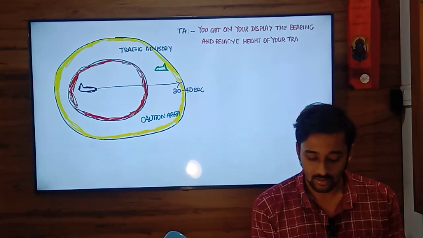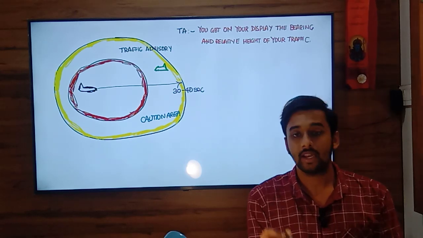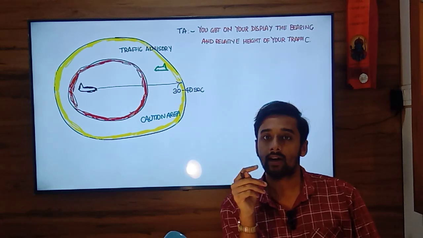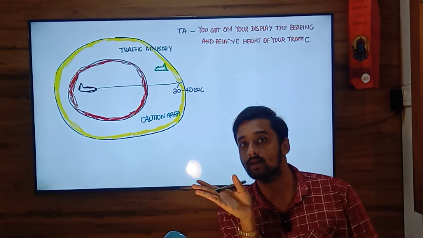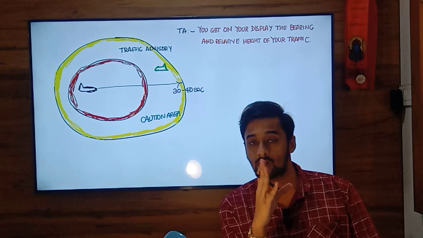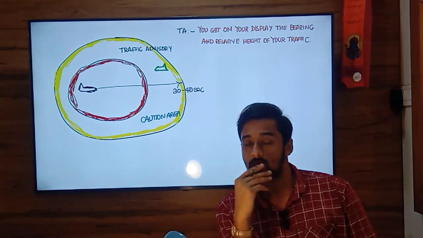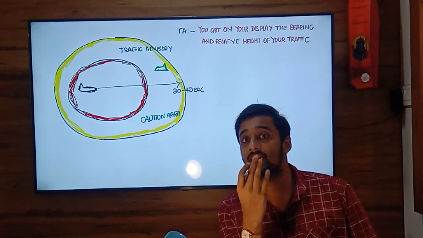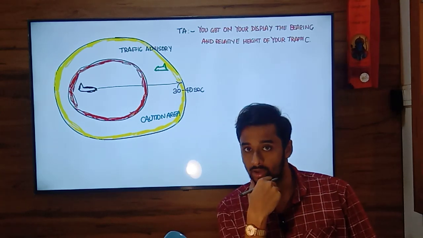That means in your display, in your computer screen, you will see that the other traffic is at 20 degrees to your left. Is it straight in front of you? Is it 20 degrees to your right? So it tells you about your bearing, at what relative bearing that traffic is from you.